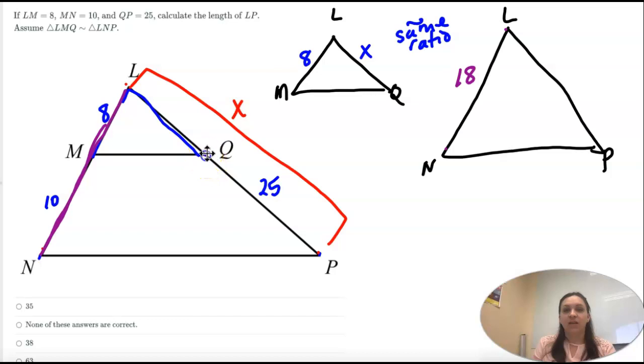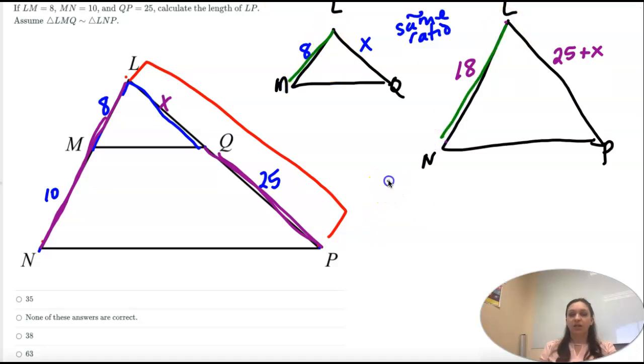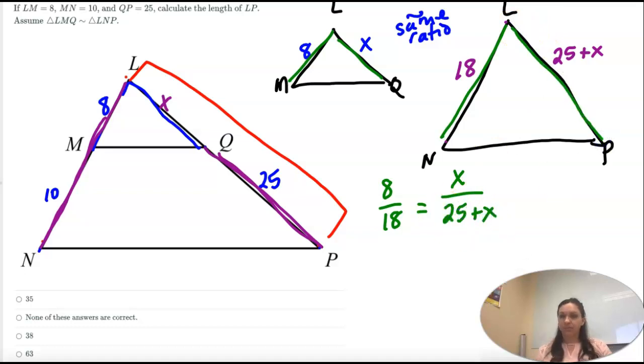And then this, Q to P, is 25, but we don't know that value, it's X. So I'm going to call that 25 plus X. So if we write our ratios again, just like we did on our last one, 8 to 18 is equal to X to 25 plus X. Those are equal because they're similar triangles.